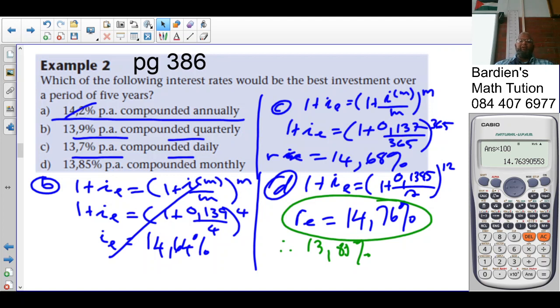Number 4 is the same as we just did now on the board. Number 5 is also the same, so you do number 5 as well. Number 9, you do number 9 as well.